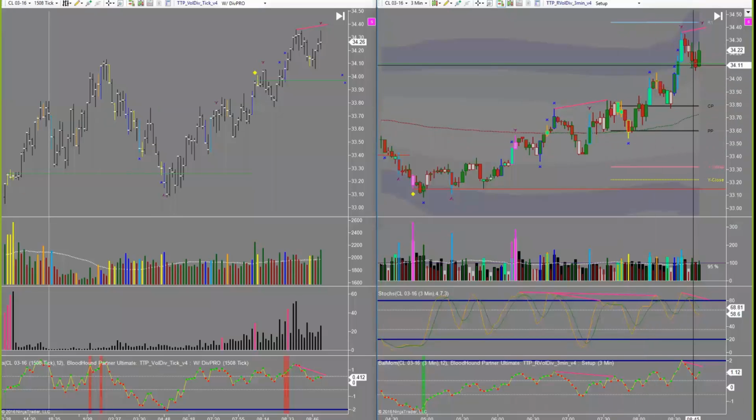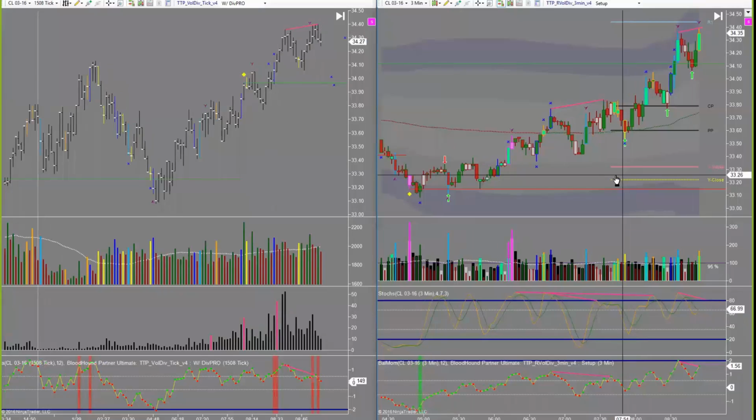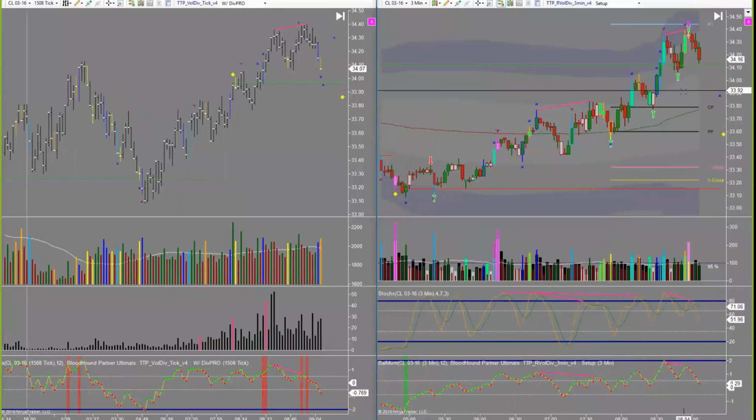You wouldn't want to be trying to go long right here because you're outside of the value, right? You could attempt a long there for a day trade or a long here for a day trade, but you wouldn't take a short right here because you're outside of the value area. And then you can see it gets support and turns back up. Here you get resistance and you turn back down.